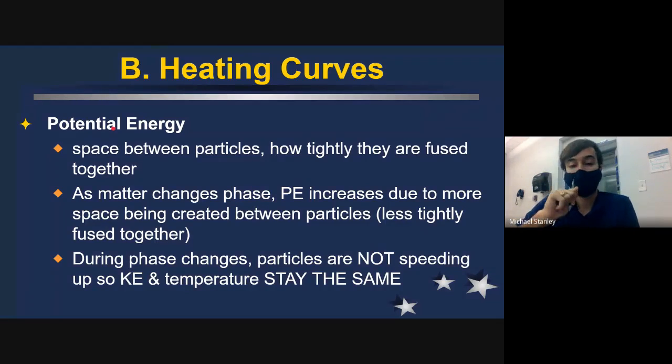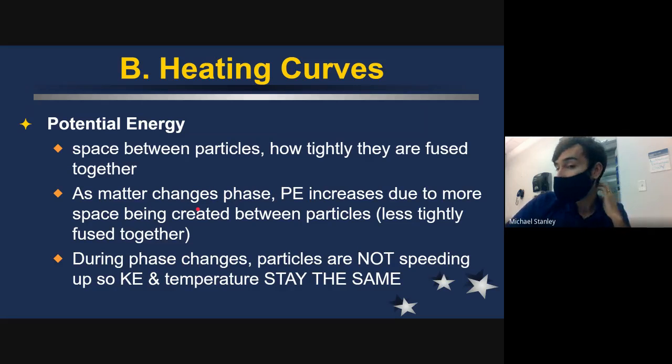Now, the tricky thing about potential energy is that as we are spreading these particles apart from each other, that's taking a lot of the energy from the heat. So a lot of our stove's energy is going into spreading out these particles during this phase change.